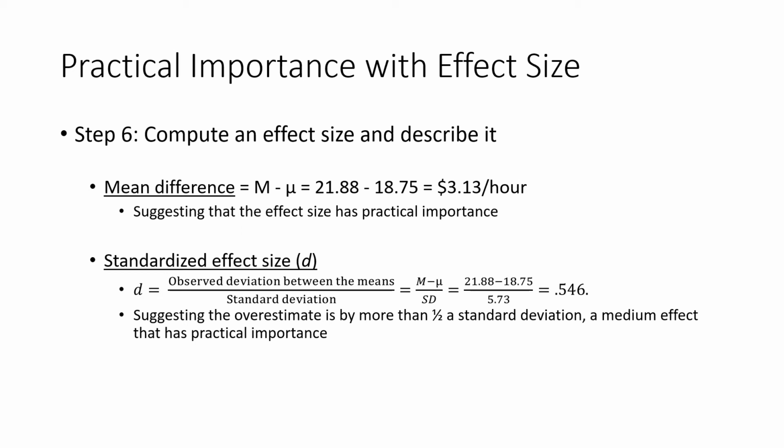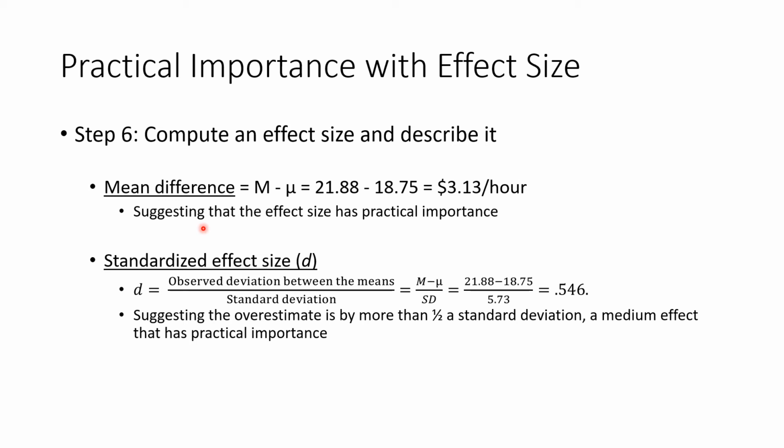In this case, it's simply the sample mean estimate of the wage, that difference from the population mean. And that difference is $3.13 per hour. In most people's lives, if you were making $3 more an hour, that would have some practical implications on how you would conduct your life.